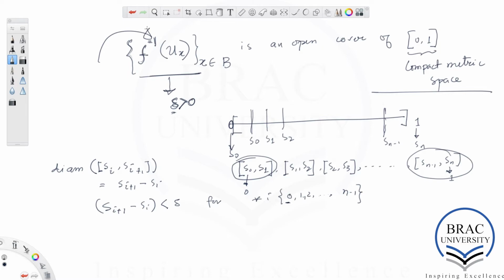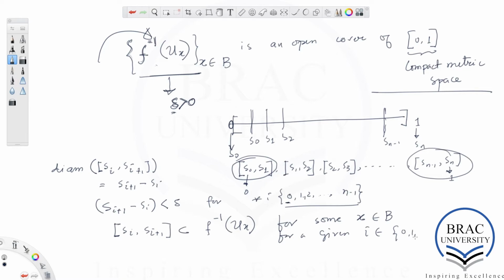Since this is the case, according to the Lebesgue number lemma, this interval is contained in one of the members of the collection, for some x in B, for a given i in 0, 1, 2, all the way up to n minus 1.